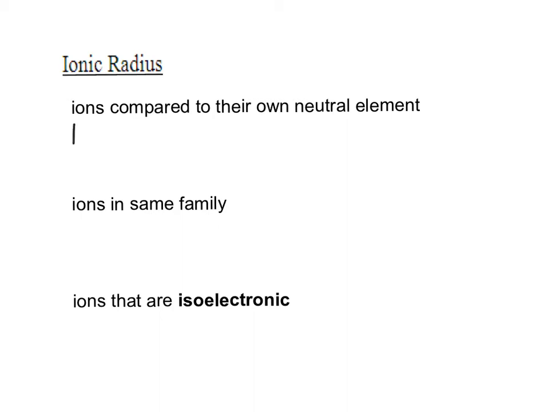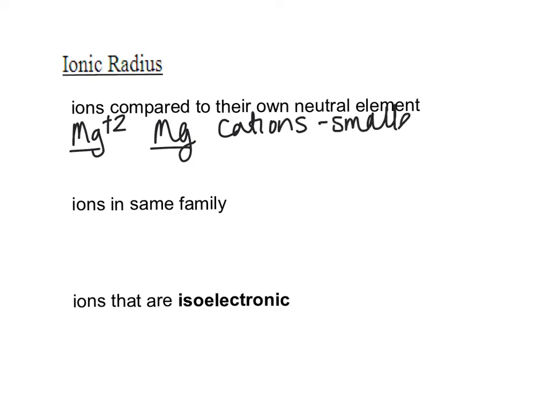For instance, if I'm comparing magnesium +2 to magnesium, whenever you do problems like this, you need to talk about both electrons and protons. The safest way to do it is to talk about that proton to electron ratio. In general, cations are going to be smaller than their neutral atom.